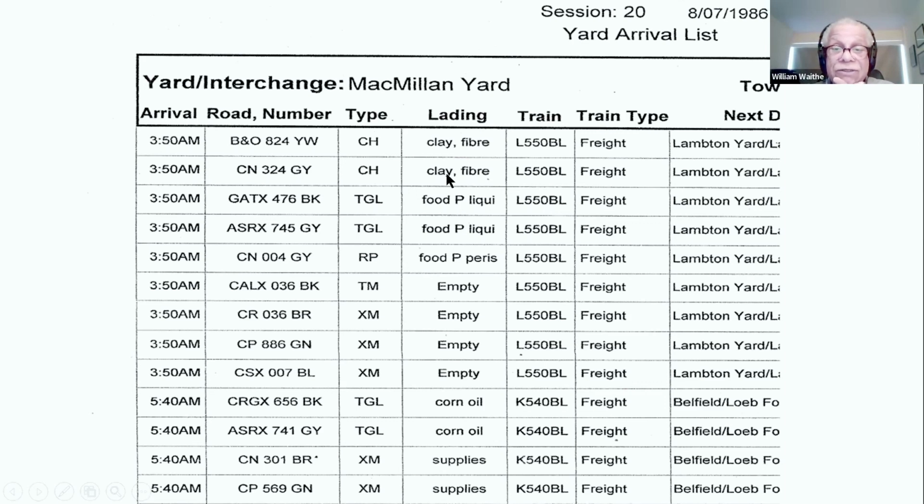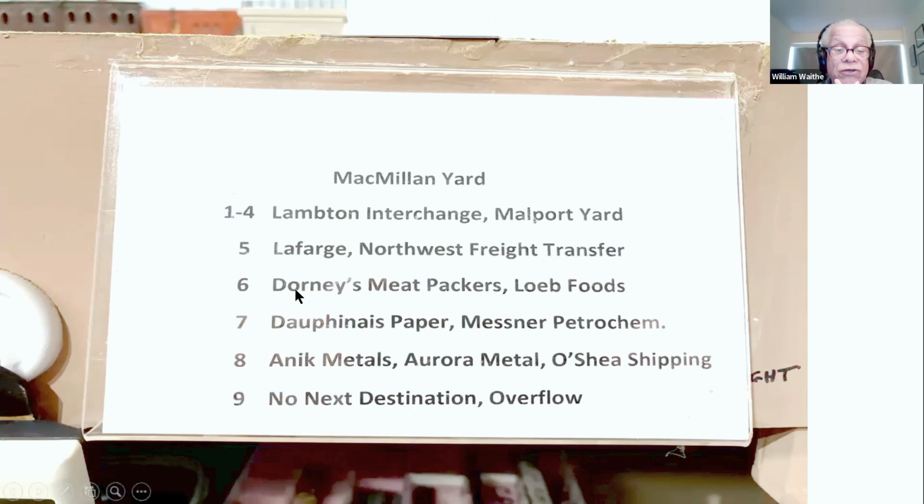The yard crew gets yard arrival lists, which is printed out by the system. And this allows you to know where the next destination of a train is going to be. So that when you're working in the yard, if you have cars for a meatpacking plant, they go into track number 6. So you're not randomly picking when you're making up the next train your cars. They're arranged in the classification yard.